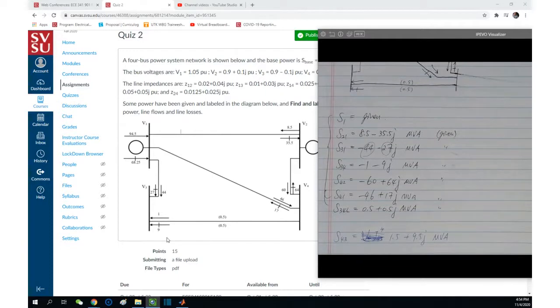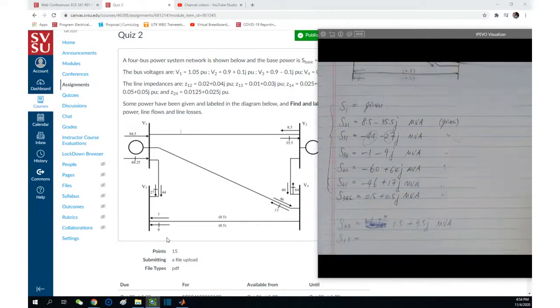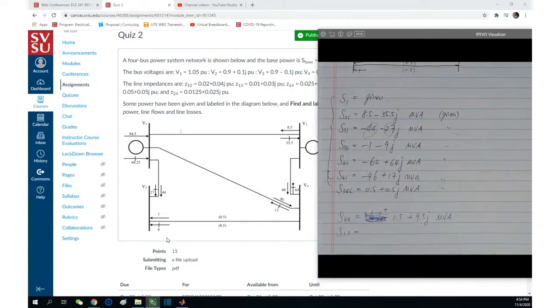And what else can you easily know as well? How about S13? How can you easily know S13?